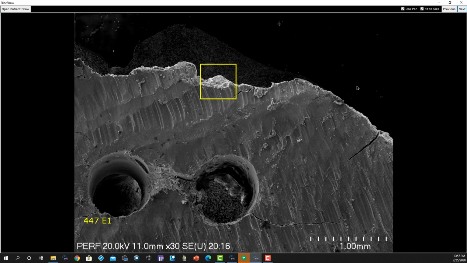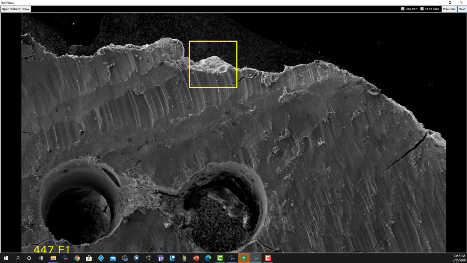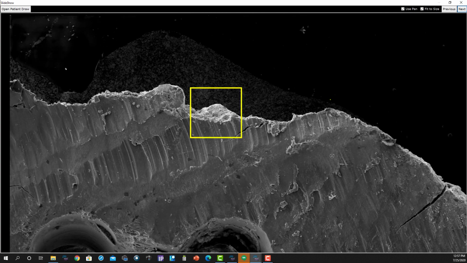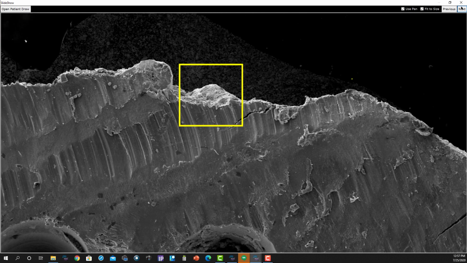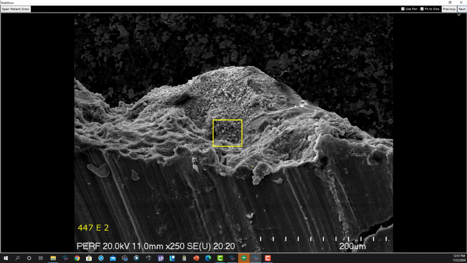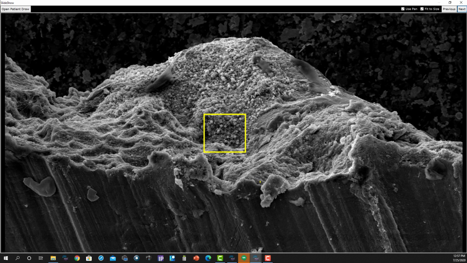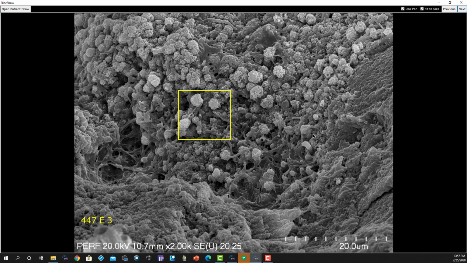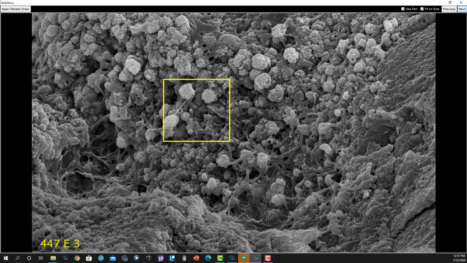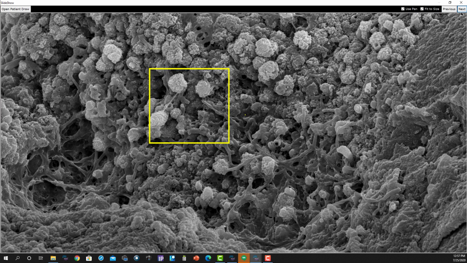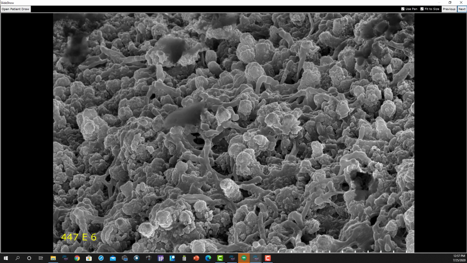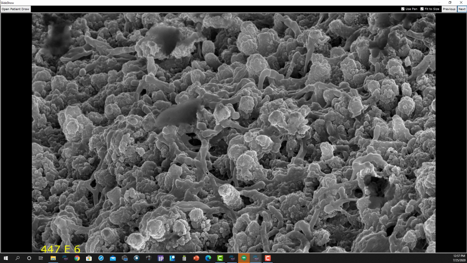When we look at the root accretion from more of a sagittal view here, we'll go in and look at this as well. You'll get a little bit different sense of what it looks like. And we'll go into that area there. Here again, you can see this kind of extensive biofilm with EPS, and it's calcifying in.